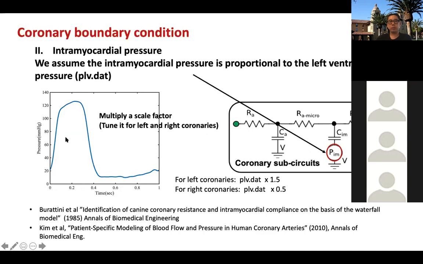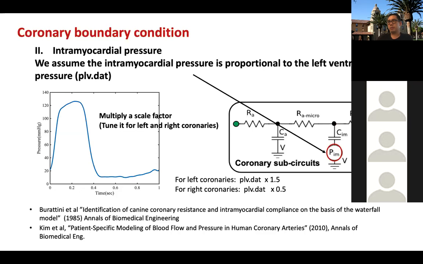You have the peak waveform at the systolic phase. So what it means is you have high pressure here, and it impedes the flow at the coronary arteries, basically. A previous study examined that this intramyocardial pressure is proportional to the left ventricular pressure.